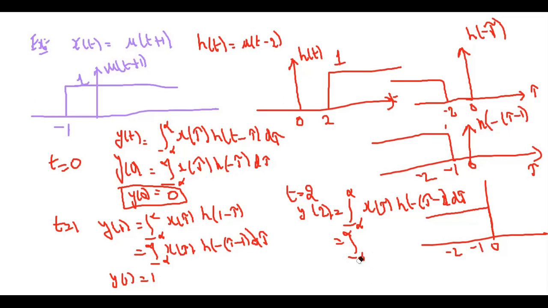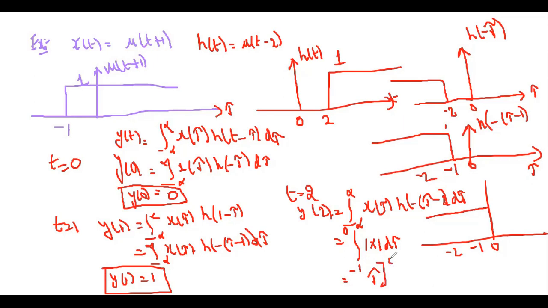So change the limits to the integral from minus 1 to 0, where the value is 1 and the magnitude is also 1, into d tau. At tau equal to minus 1, both values are 1, so 1 into 1 d tau.